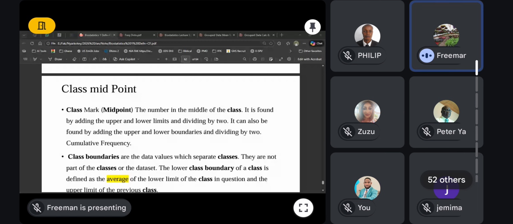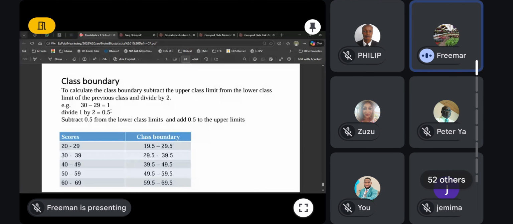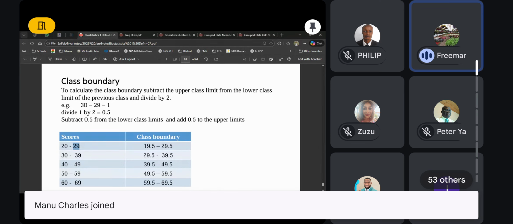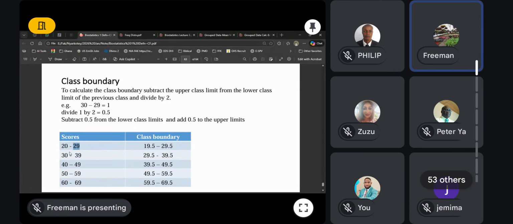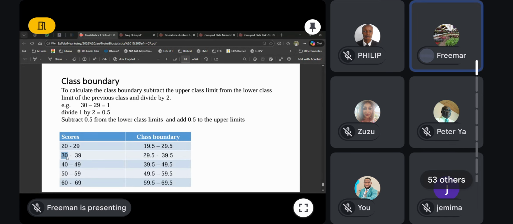I already talked about midpoints. No need to worry about it. Now, a class boundary. I was telling you that to find a class boundary, you take the upper class limit here and the lower class limit here. You add the two of them and divide by 2.